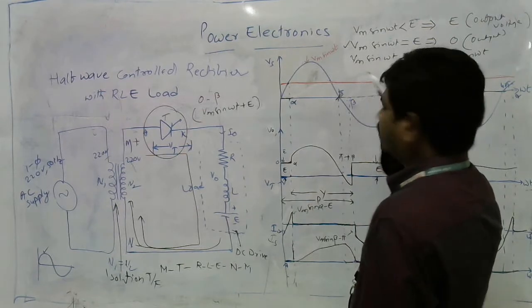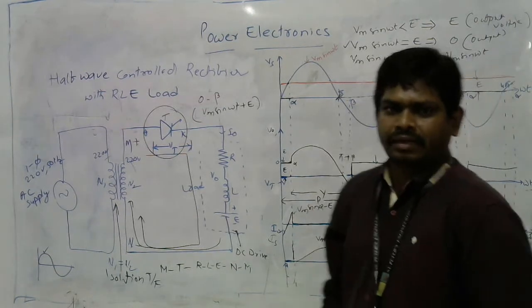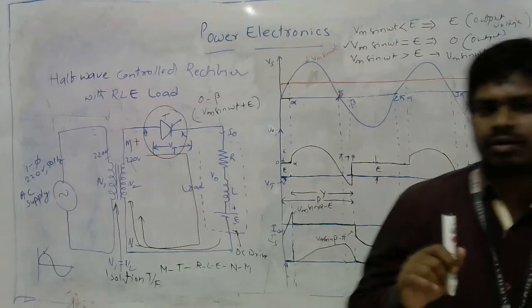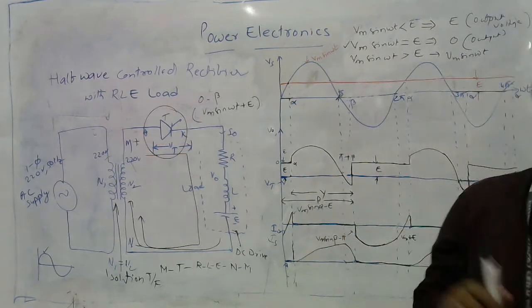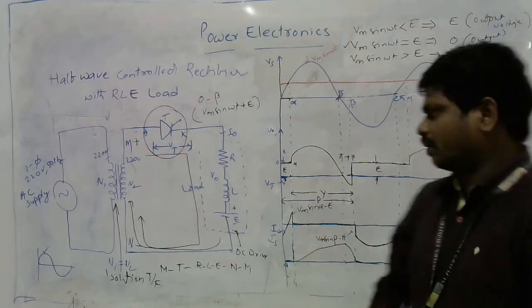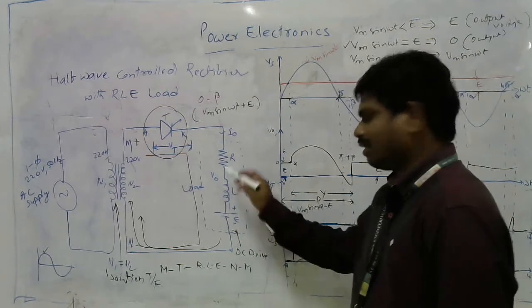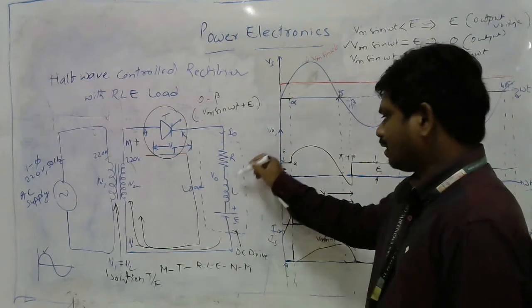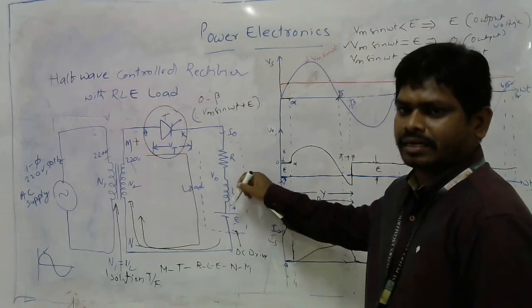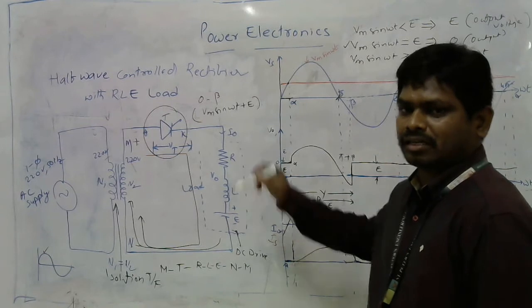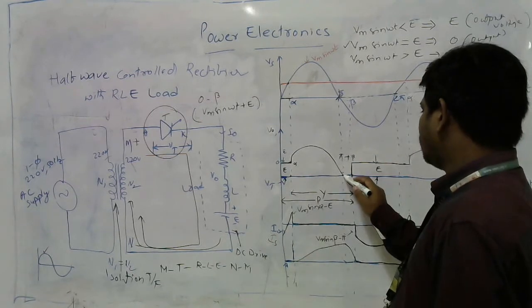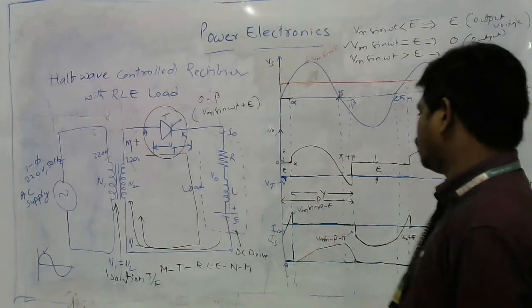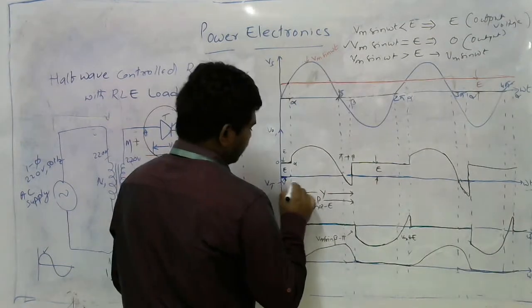At pi, our thyristor must go off and come back to the forward blocking state. But because of the inductor at the output side, the inductor keeps feeding the voltage after pi also. That's why during this portion also, our thyristor is still in the on condition.